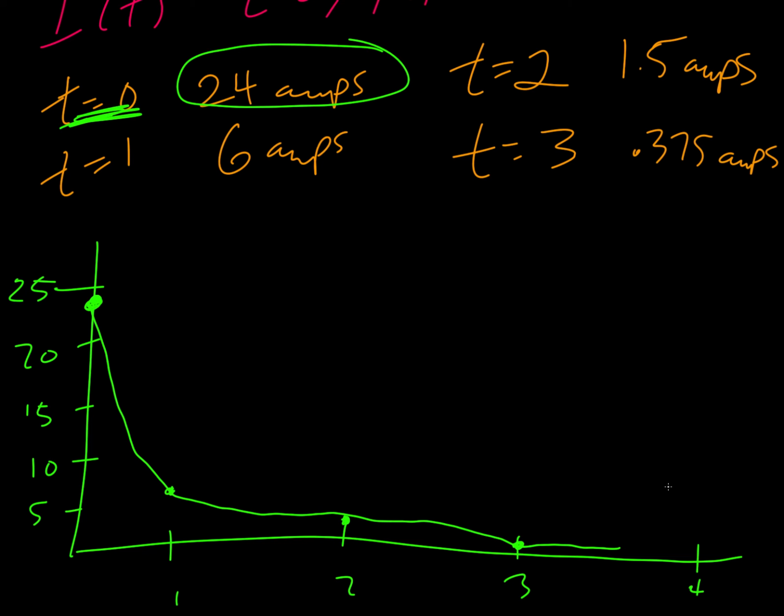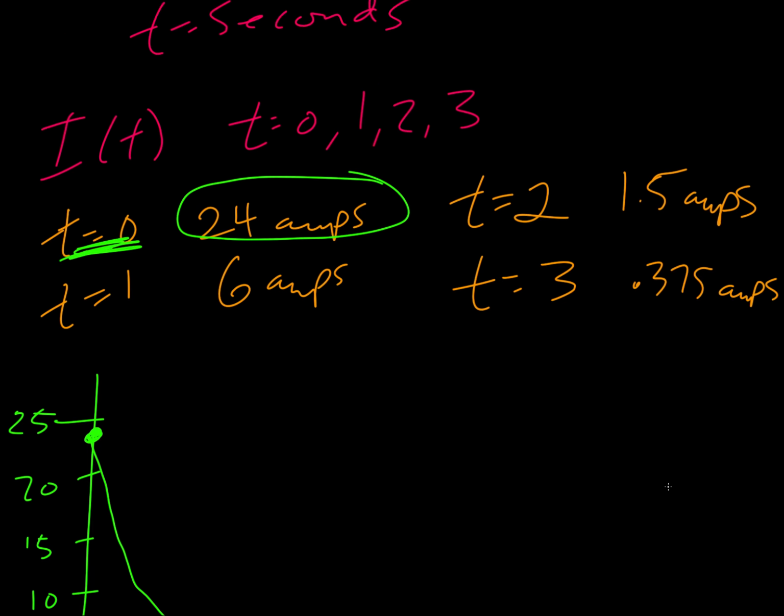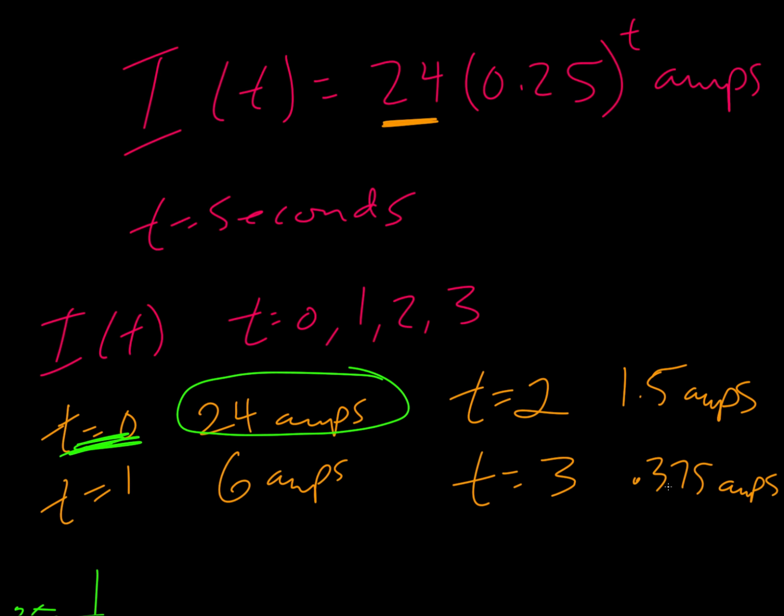Okay, part D. Use your graph or technology to find how long it takes for the current to reach 4 amps. So just for precision, because my graphs are never that great, I like to use technology for these parts. And so we're going to plug in 4 amps right here.